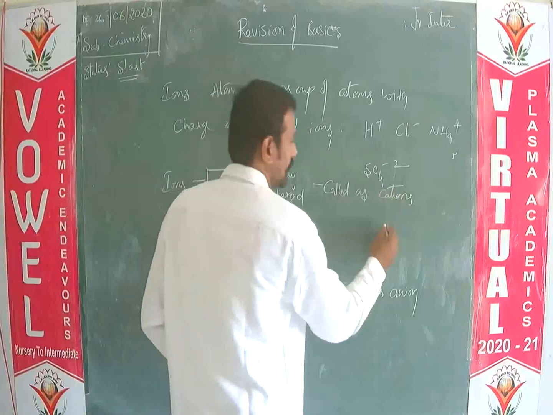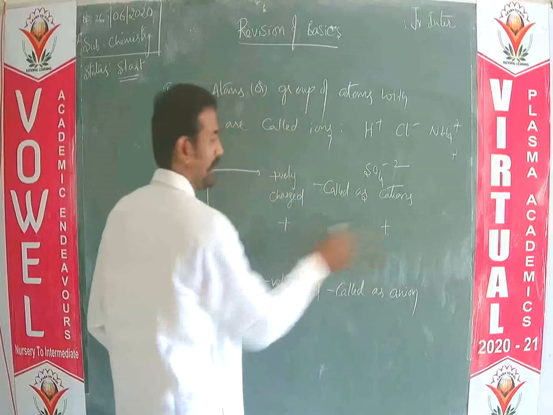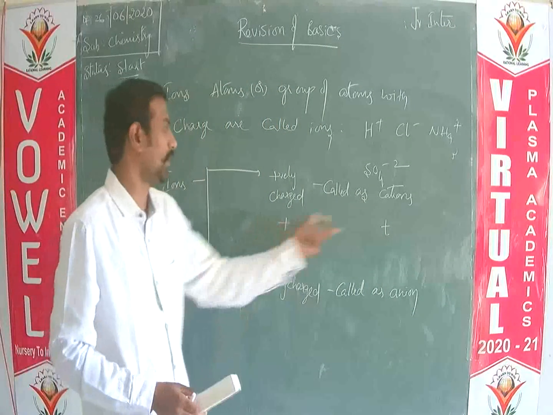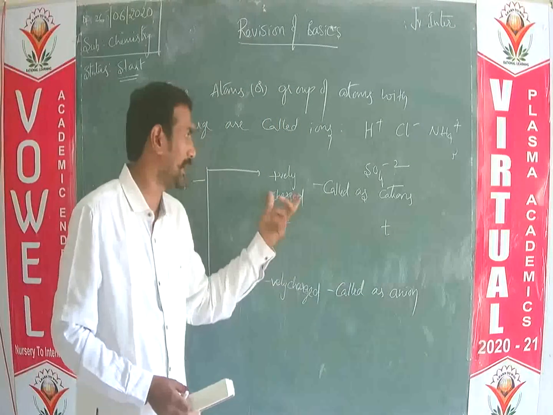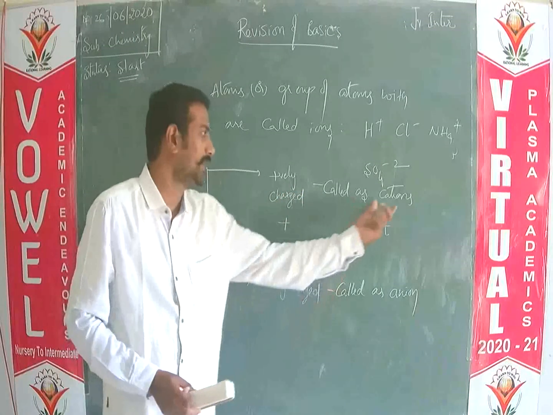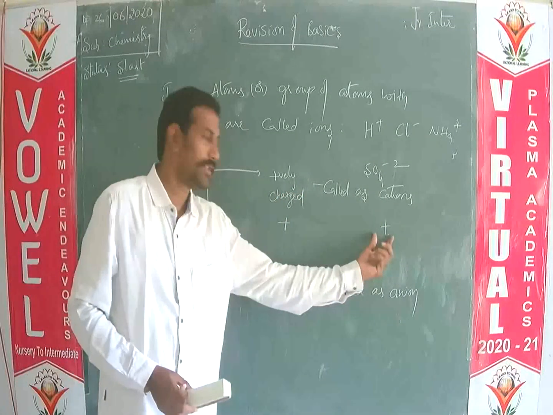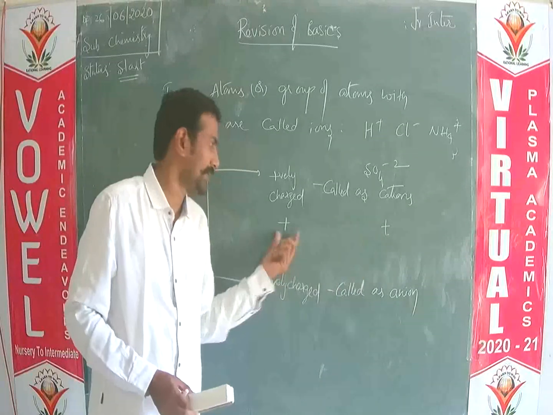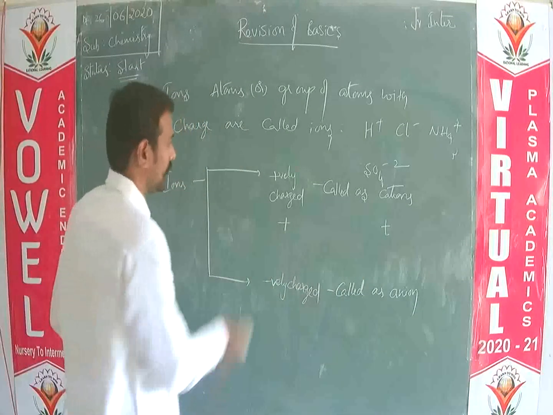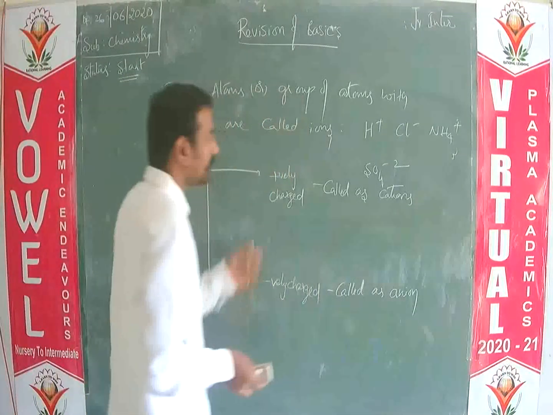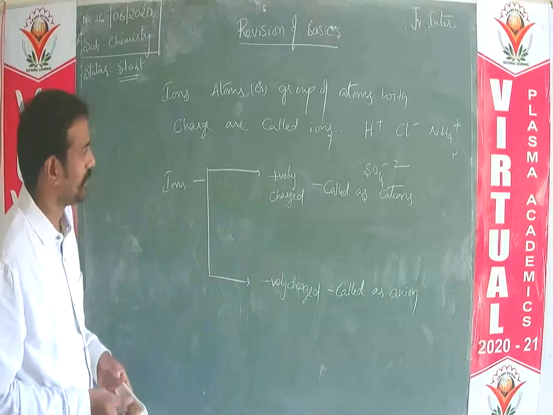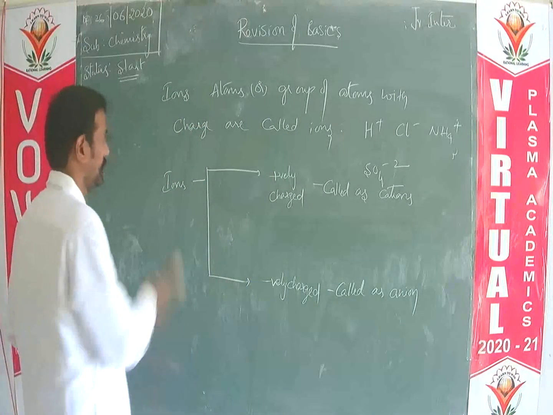In cations, the t in cation is similar to a plus sign. Remember this shortcut, don't get confused about cation and anion. Cation means the t looks like the symbol of plus. Okay, note it down, cations and anions.